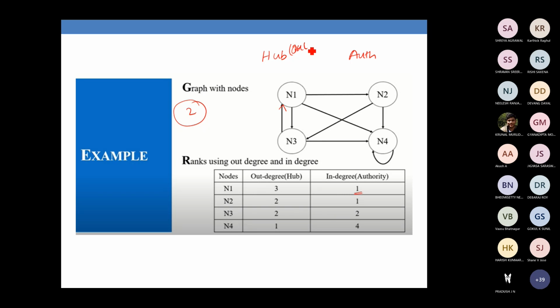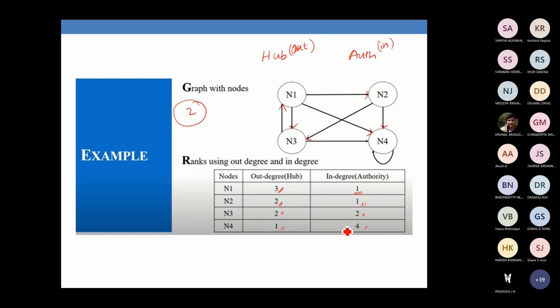Hub means out degree. Authority means in degree. How many out degrees are there? 1, 2, 3 for N1, so 3. For N2, what is the out degree? 1, 2. So 2. In the same way, you note it for all the nodes.